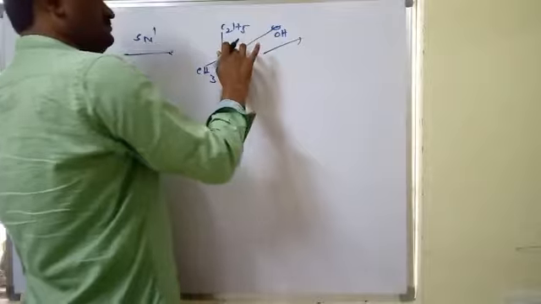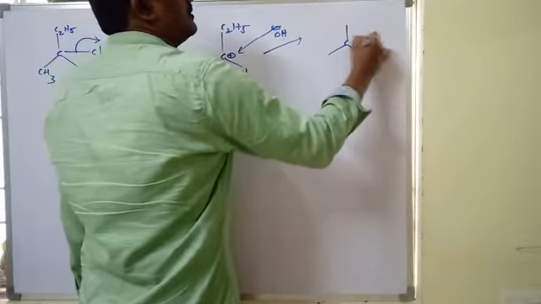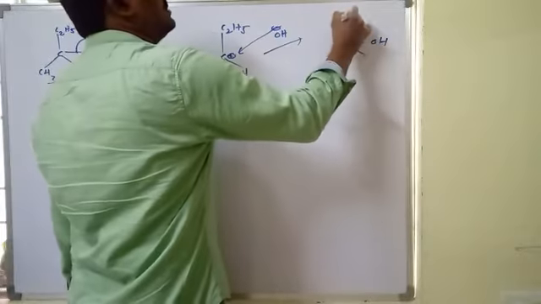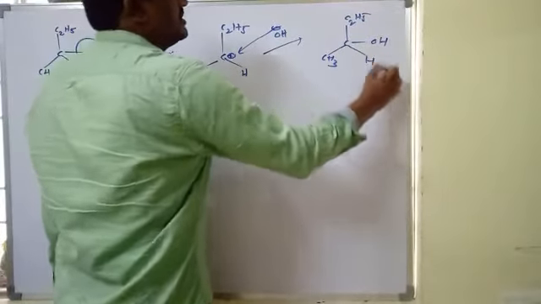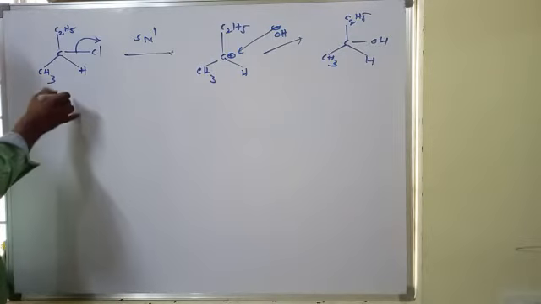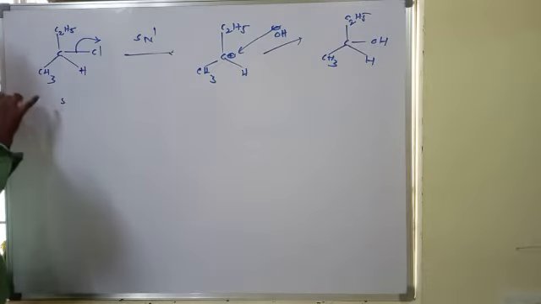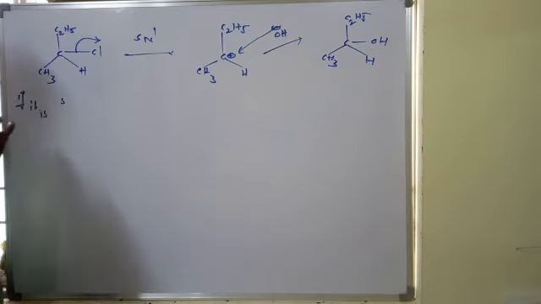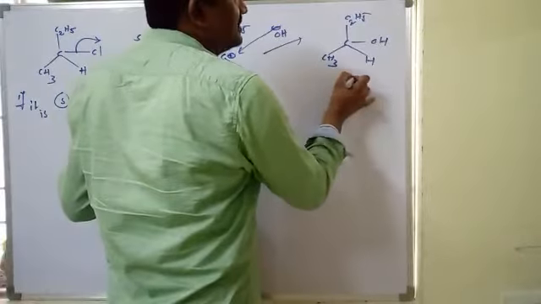Then the product formation is like this: C2H5, CH3, H. For example, if it is S configuration, then the product is also S configuration.